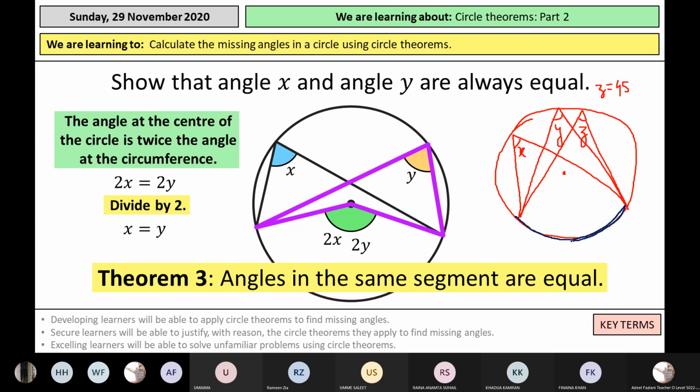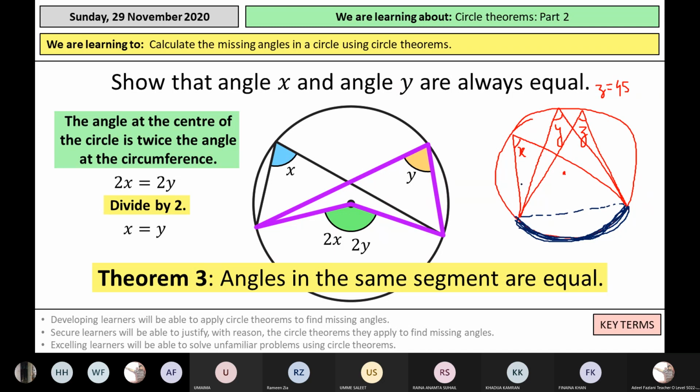All right. Now, at times you will find the chord which helps you to track the same segments. At times the chord is not there, but the segment is there. All triangles are made from the single segment.